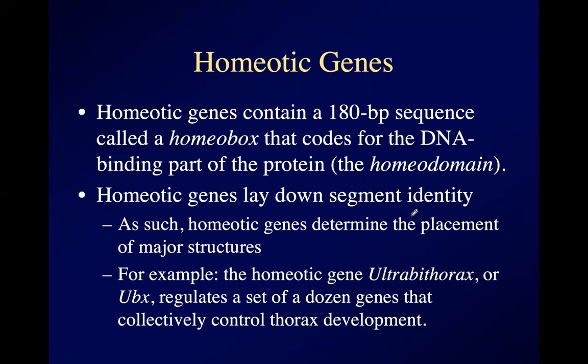In particular, I'm going to look at one homeotic gene called ultrabithorax, or UBX for short. And UBX in turn regulates a set of a dozen genes that collectively control how the thorax develops. The central part of the fly between the head and the abdomen. I guess it's not quite central.